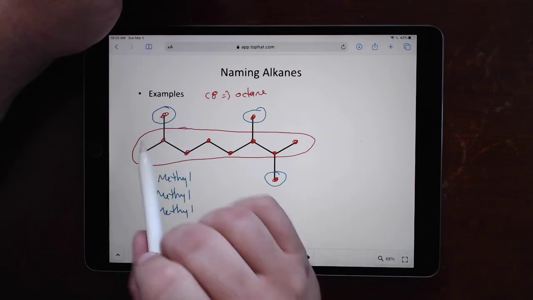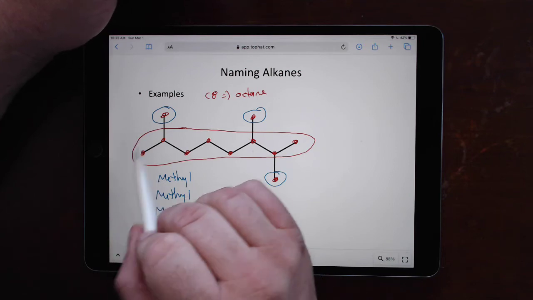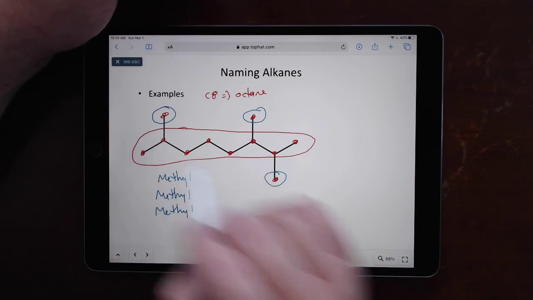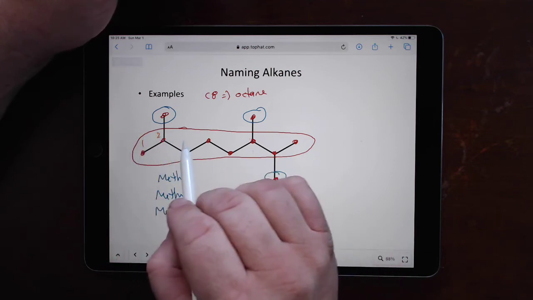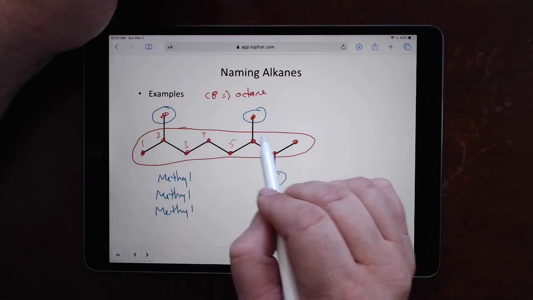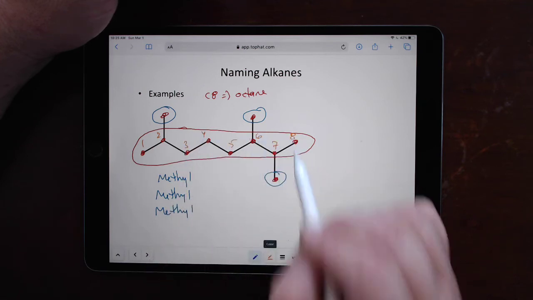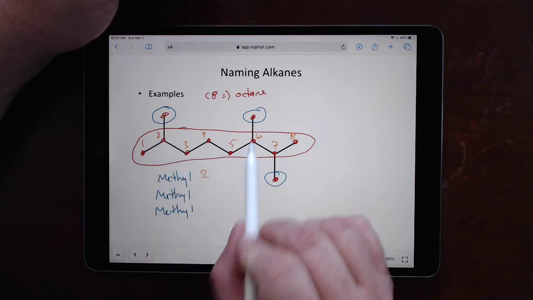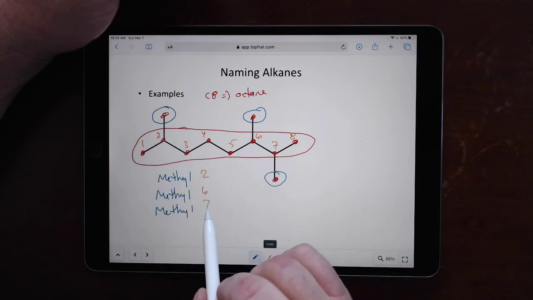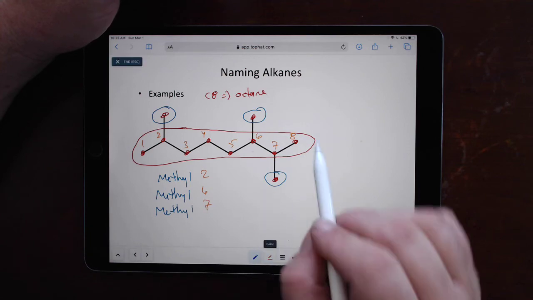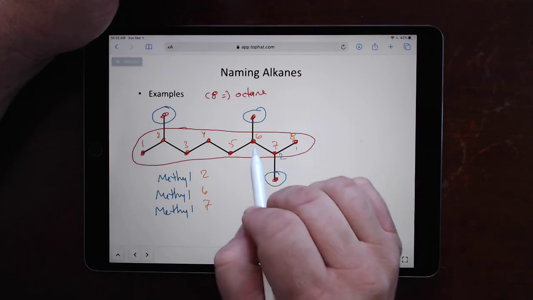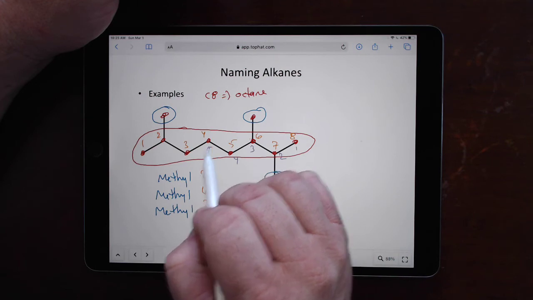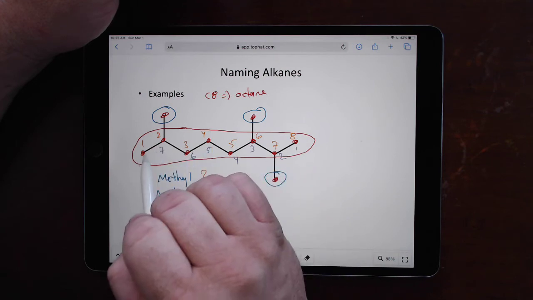Okay. So for this one, for the numbering, we're going to start on the left. So we'll go 1, 2, 3, 4, 5, 6, 7, 8. All right. So we have a methyl hanging off at 2, 6, and 7. If we go the other way, it's going to be 1, 2, 3, 4, 5, 6, 7, 8.